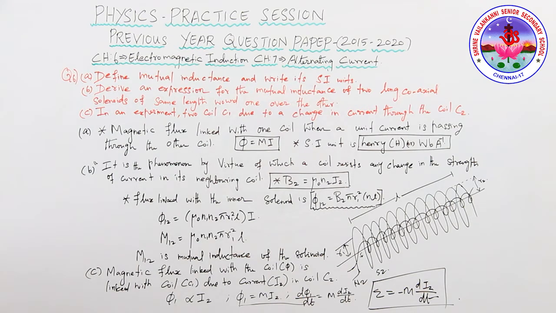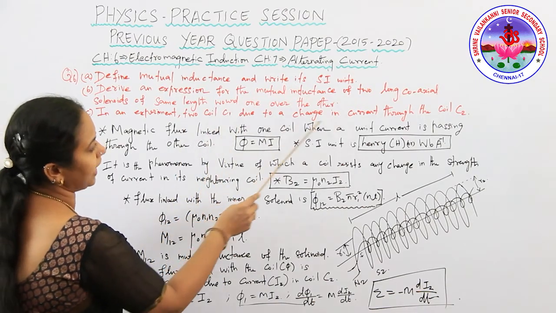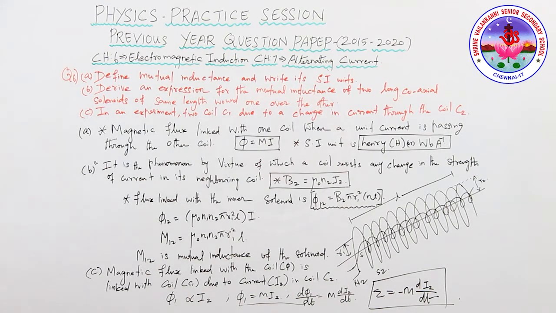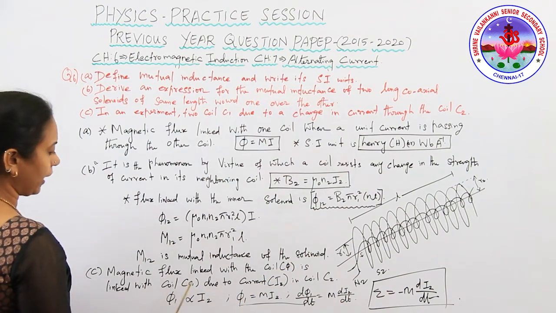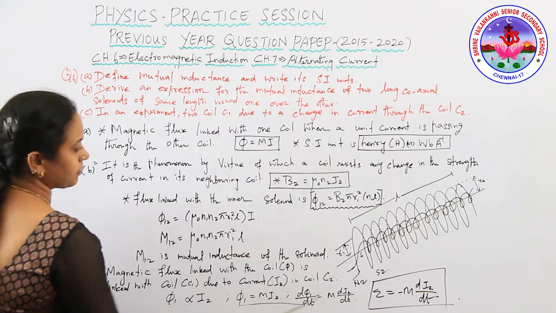Got it, children? Next, the third subdivision: in an experiment, 2 coils C1 and C2, due to a change in current through coil C2, right? The magnetic flux phi linked with coil C1 is due to the current I2 because of the mutual inductance, right?